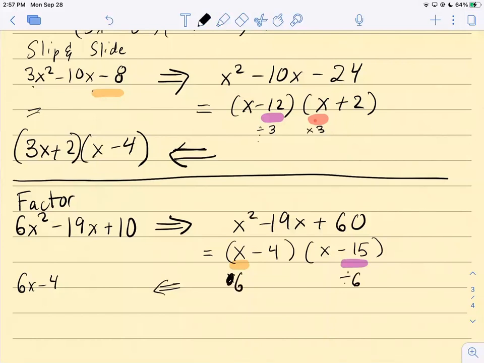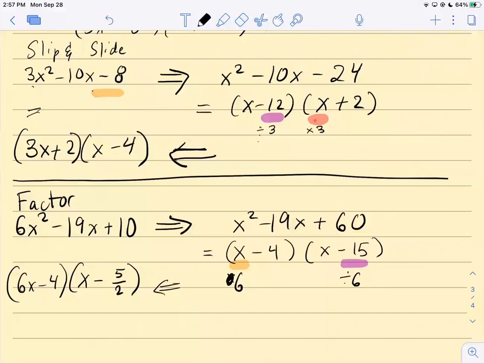So yeah, 6x minus 4 times x minus 5 halves, so 2.5. This is okay, but you might not like that there's a fraction showing up there.